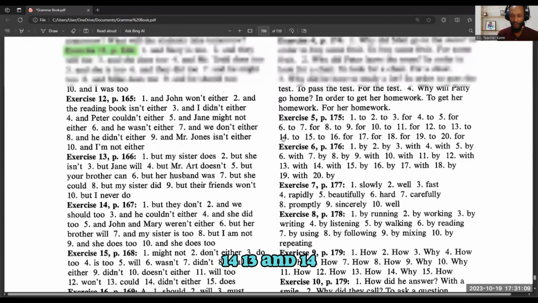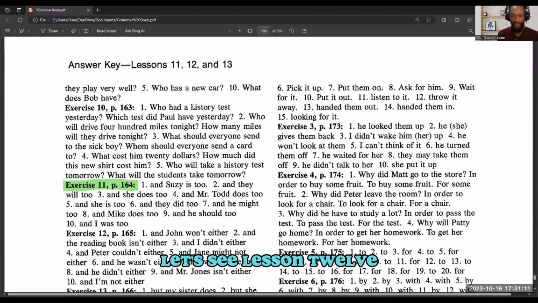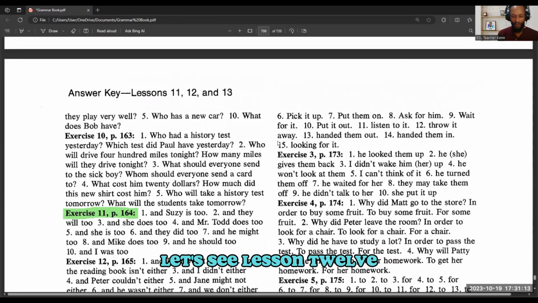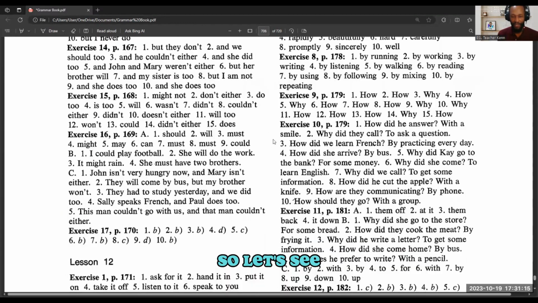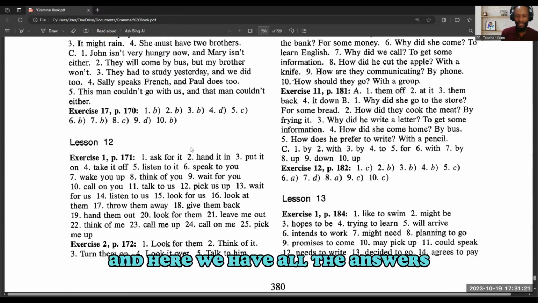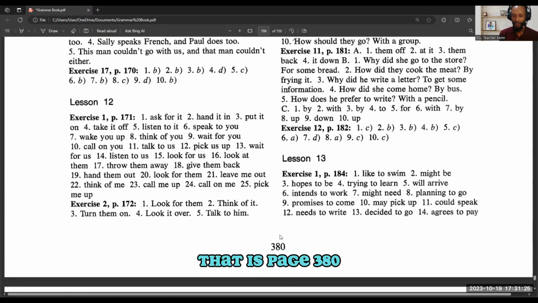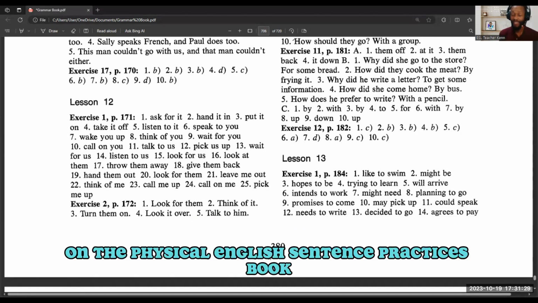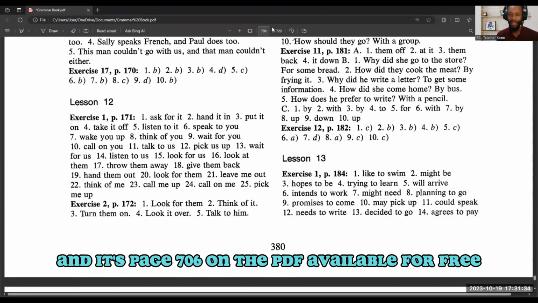Lesson 12, exercise 1. And here we have all the answers. That is page 380 in the physical English Sentence Practices book, and it's page 706 on the PDF available for free.